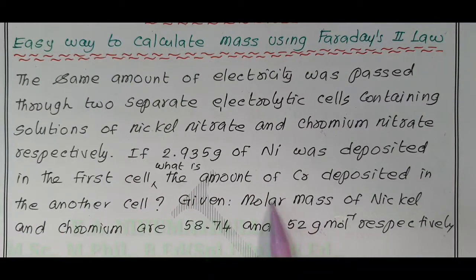Given molar mass of nickel and chromium are 58.74 and 52 gram mole power minus 1 respectively. Mass and molar mass of nickel are given. From the molar mass of chromium, we have to calculate the amount of chromium deposited at the electrode.